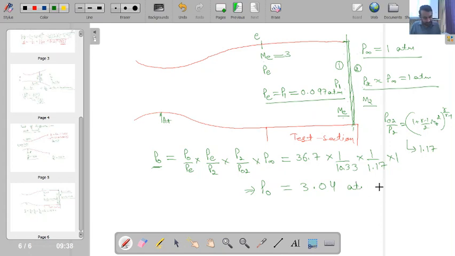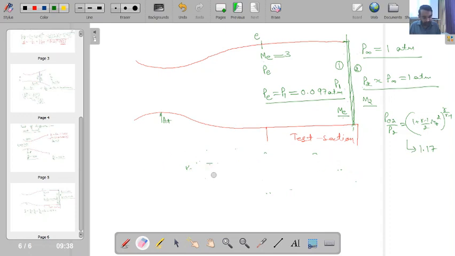No, I made a mistake over here. I need not even calculate this. What I can do is simply calculate the value of PO as equal to PO by PE times PE by P2. Now PE will cancel out, and multiplied with P infinity, P2 and P infinity will cancel out.